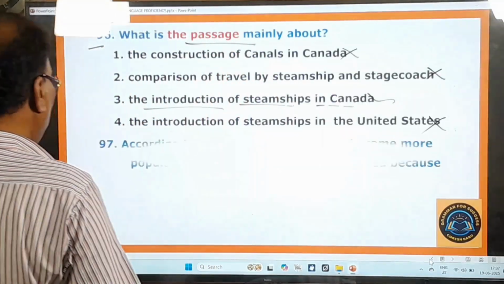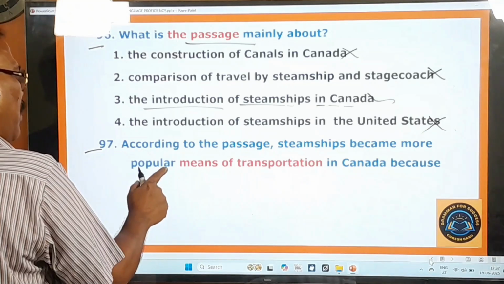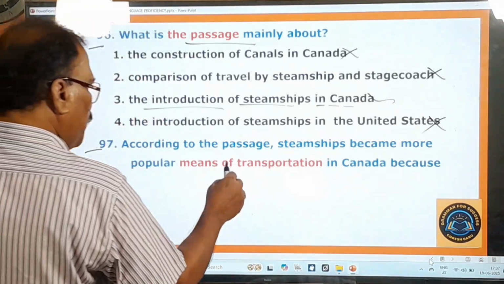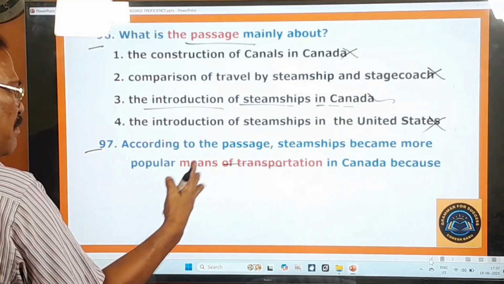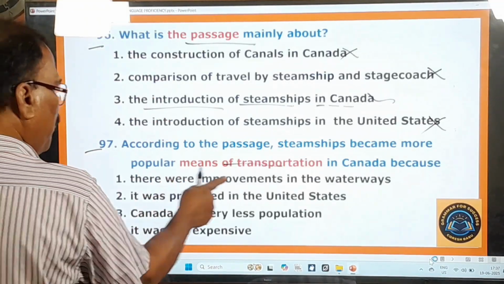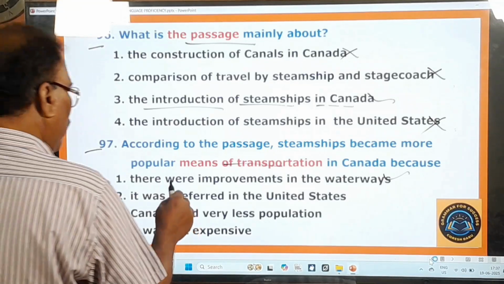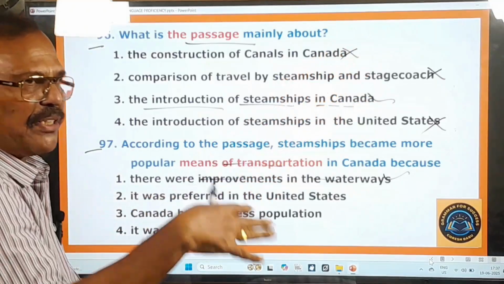Okay, and you go to the next question. According to the passage, steamships became a more popular means of transportation in Canada because what? There were improvements in the waterways. The very first one is the right one, because the waterways were very much improved. Canals were improved, waterways were improved.